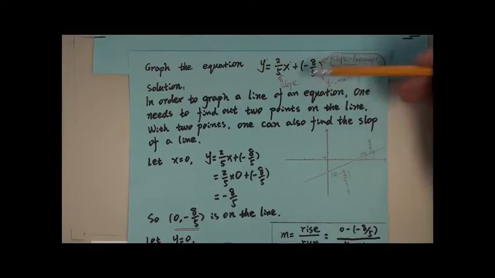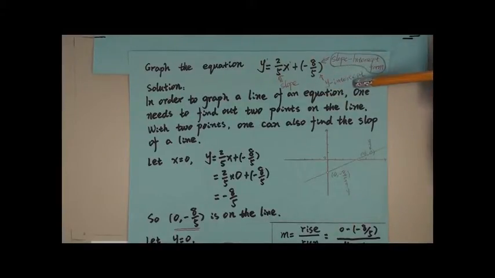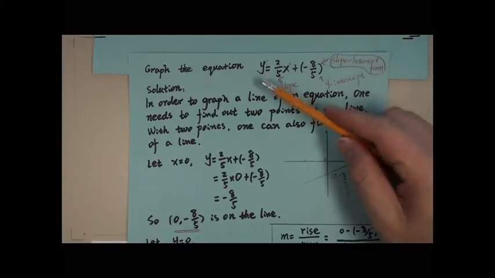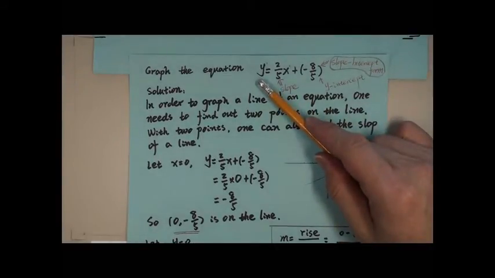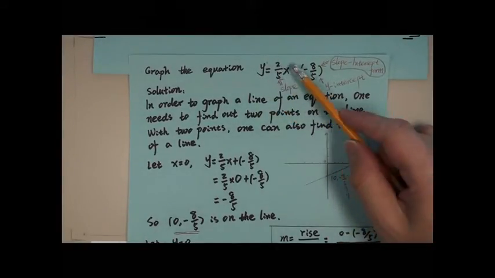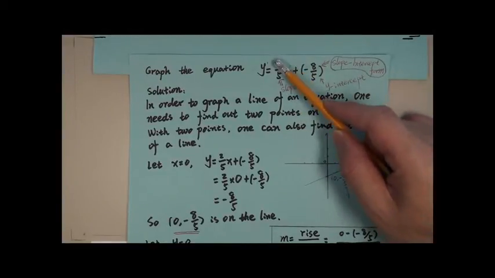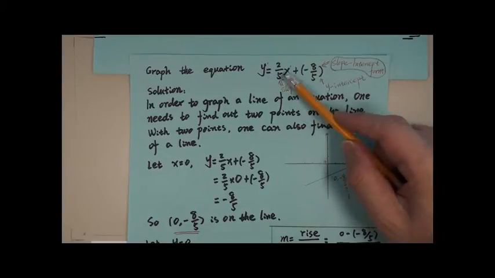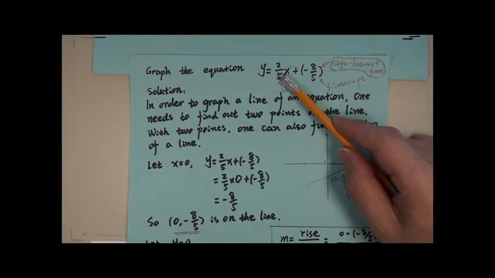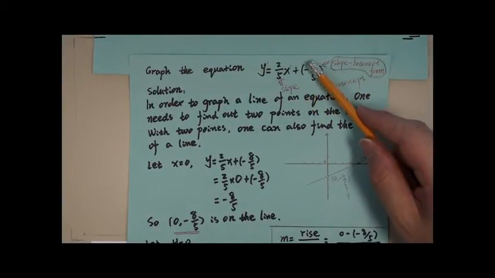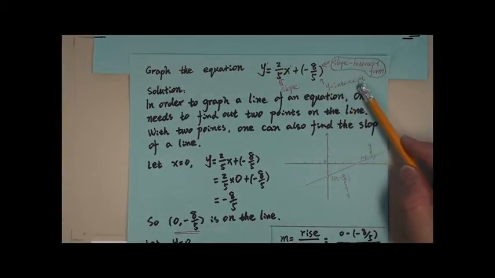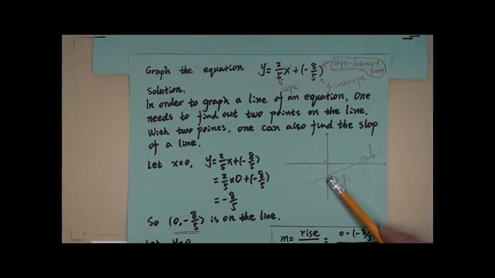So if you have an equation in which y stands alone, the coefficient of x on the right-hand side, 2 over 5 in this case, will be the slope, and the constant will be the y-intercept. If it's negative, it's below the x-axis.